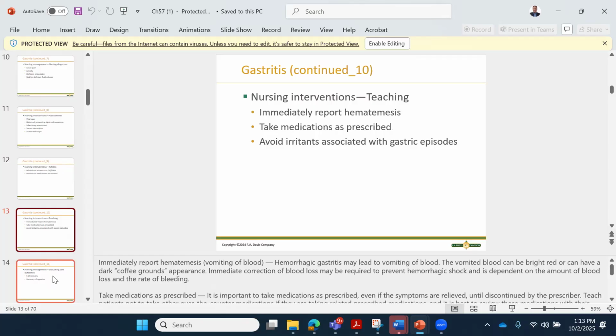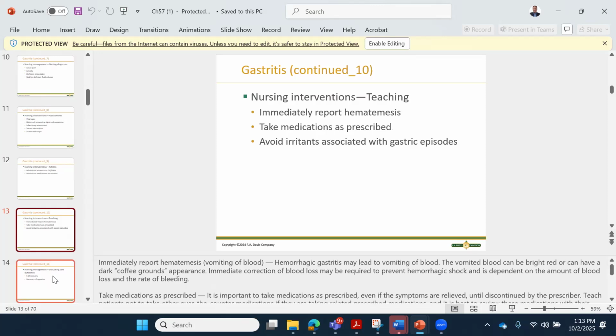Want to take medications as prescribed. Just as an example, if a person has severe gastritis or peptic ulcer disease, it would be important for the patient to really time their medications appropriately.